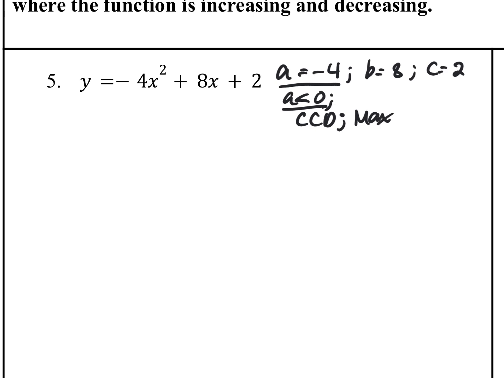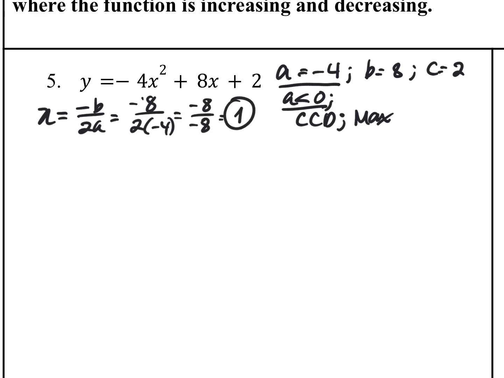So let's check our vertex. The x coordinate for our vertex is going to be -b over 2a. That's going to be -8 over 2 times -4. This is going to give you -8 over -8, which is just 1. So the first one I'm going to write is 1.